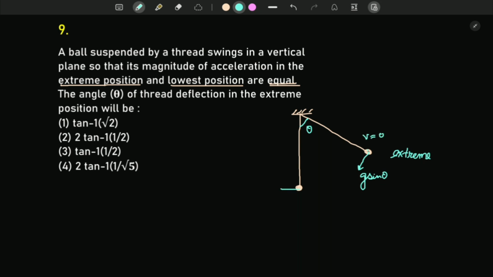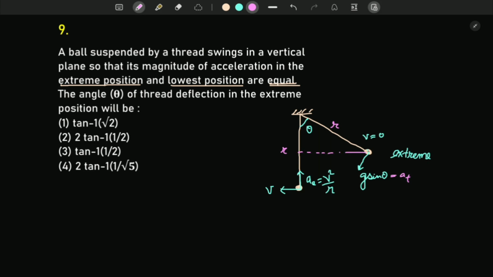At the extreme position, definitely velocity is 0, and at the lowest position it is v max, and the acceleration is centripetal, so this is v square by r. I have taken the length of the string to be r, and g sine theta was the tangential acceleration.